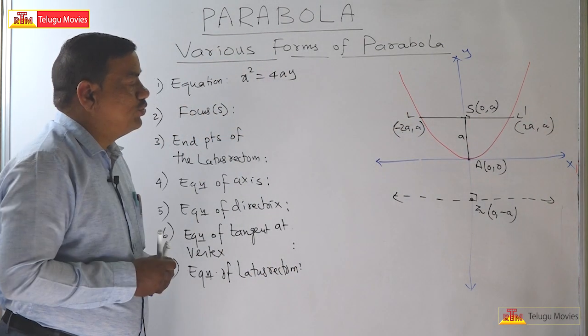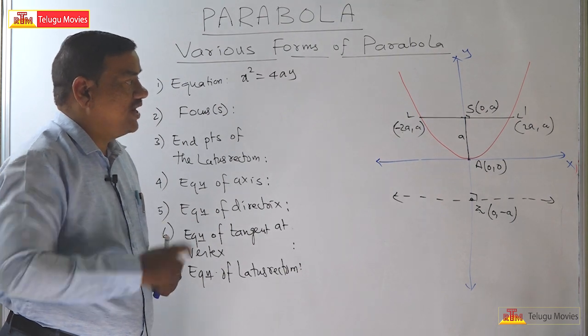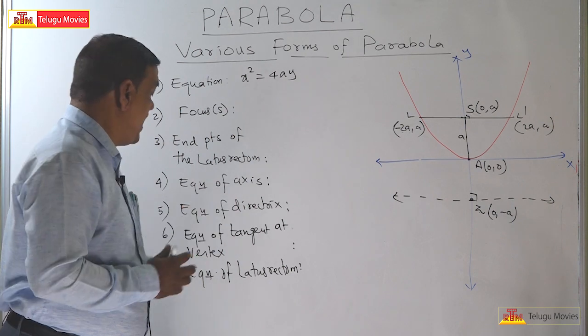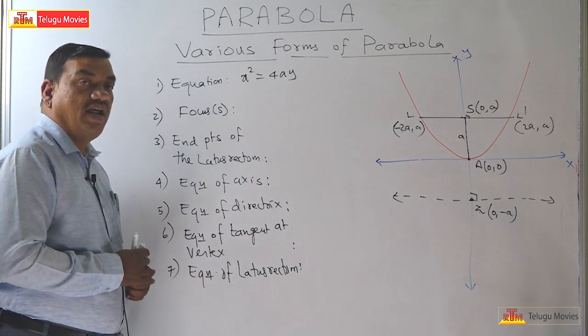So the length is 2a. So the x coordinate is 2a, the y coordinate is a. That's why 2a comma a. So those are the endpoints of the latus rectum.